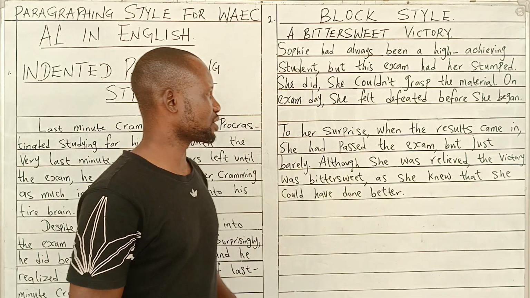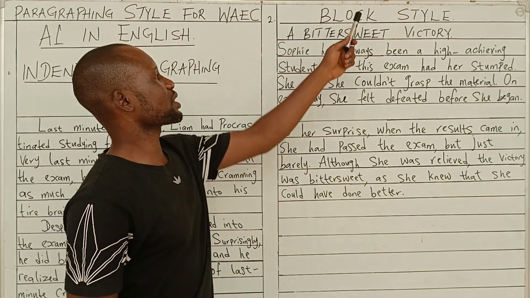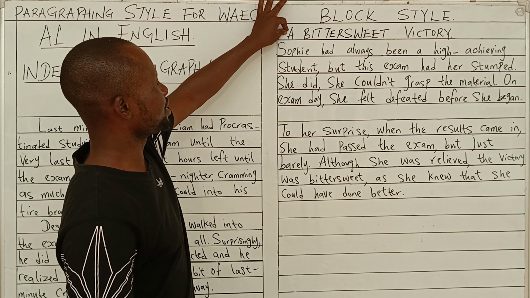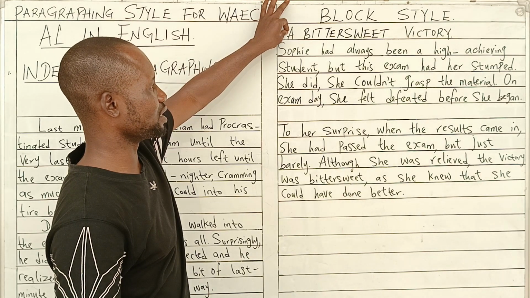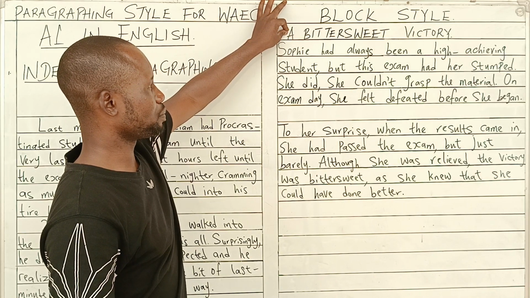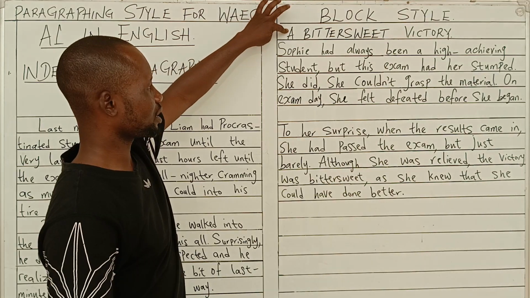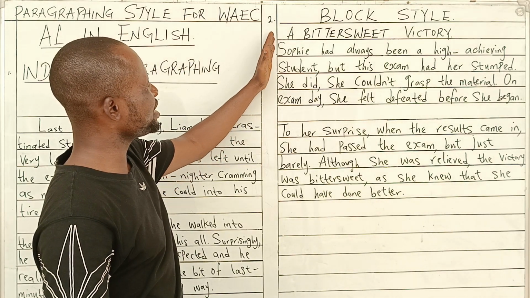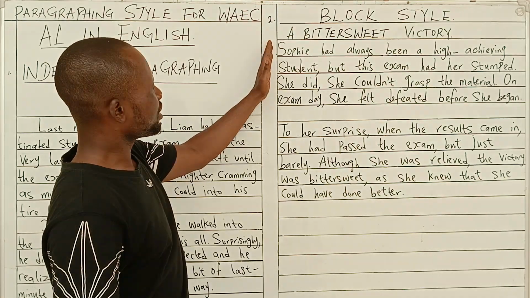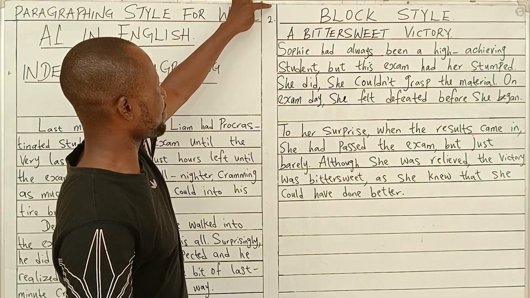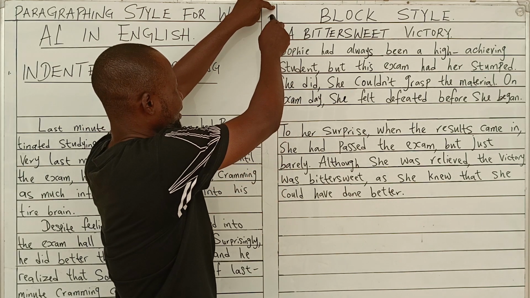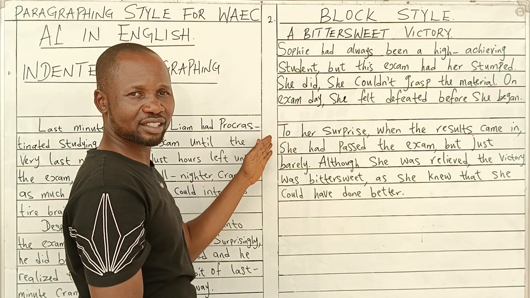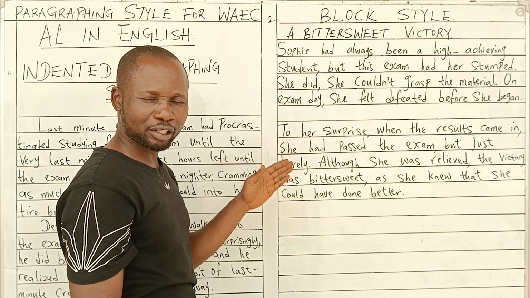So quickly, let's go for the second one. Block style. The title of this my story is, please, this is my title. You can see that is why it's in capital letters. So please don't mistake. A block style normally starts immediately beside the margin. So this is our margin line. Look at it, because I carefully created this to be a notebook.